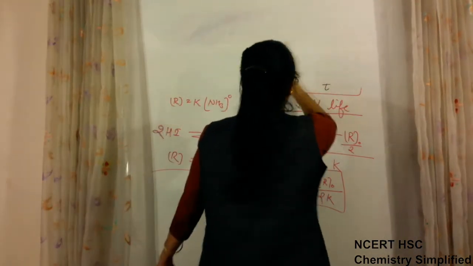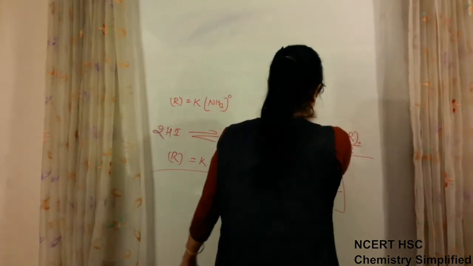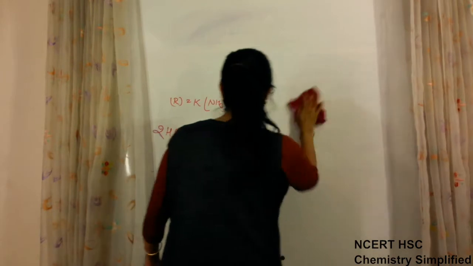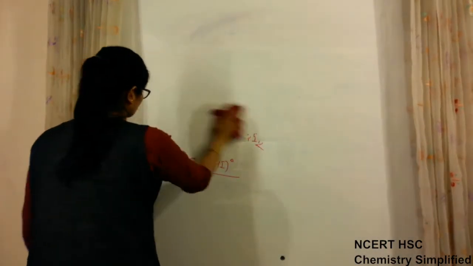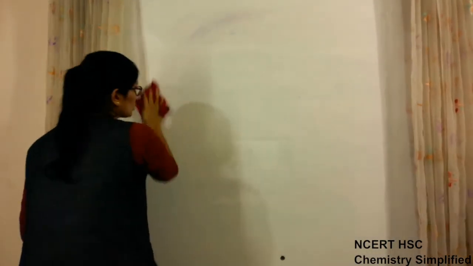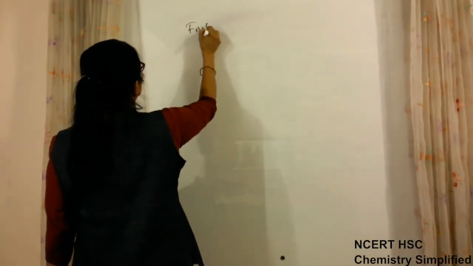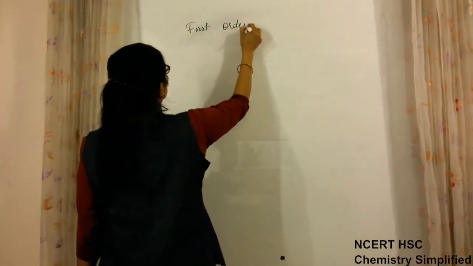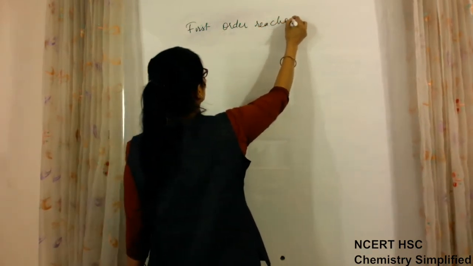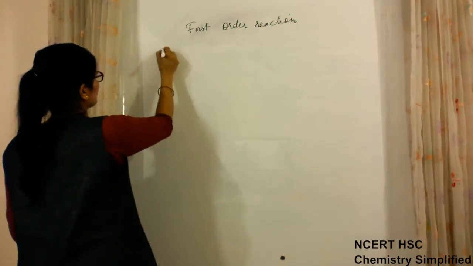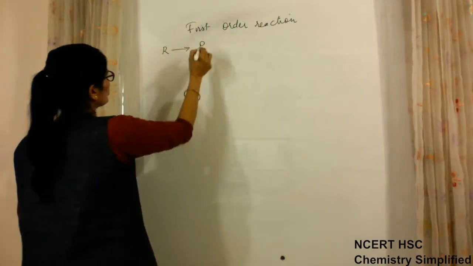Now we come to first order reaction. Again, for a first order reaction we write reactants are getting converted into product.